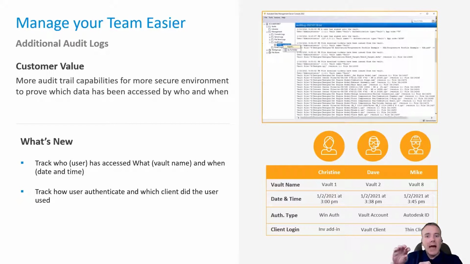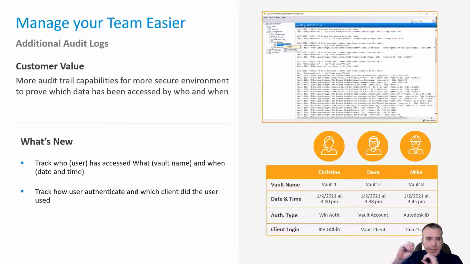I think it was important to atomize some of this information, and we actually do have all of it at our disposal now. We can see for any given user when they logged in, what Vault they logged into, what type of authentication they used, and the client login type. So be it logging in from the Inventor add-in, from the thick client, from the thin client, or even Vault Mobile.